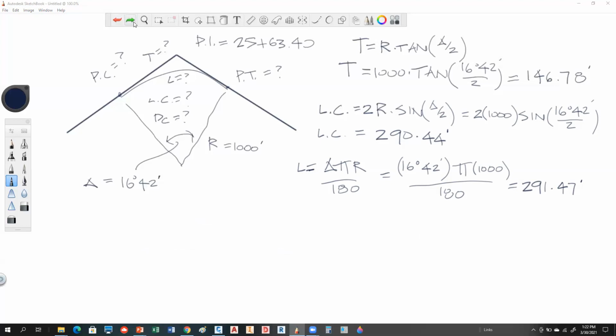Now, let me say this. As your radius would approach infinity, the difference between the length of arc and the long chord would be almost nothing. In fact, they would almost equal each other. It would be unmeasurable. Think of this: if the radius of a curve is infinity, you actually have a straight line.